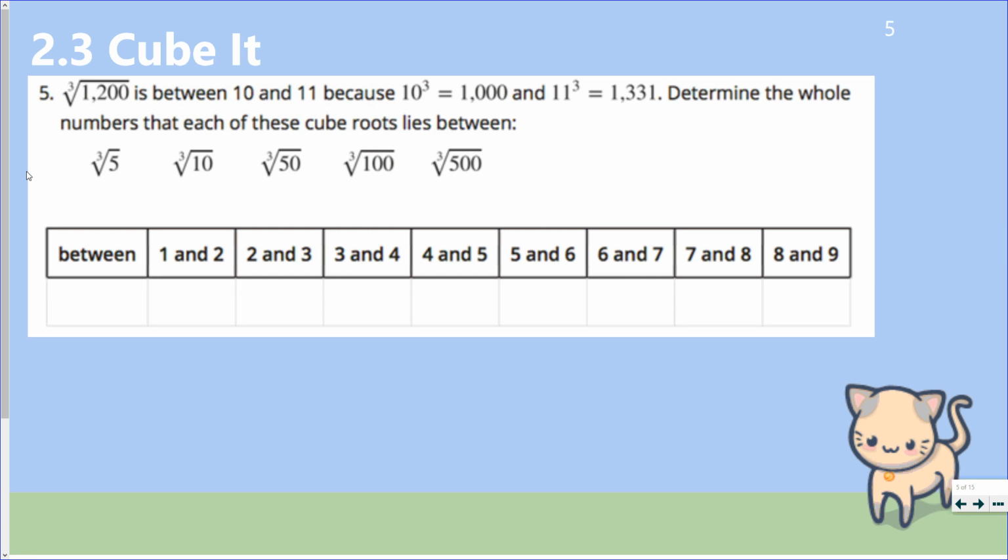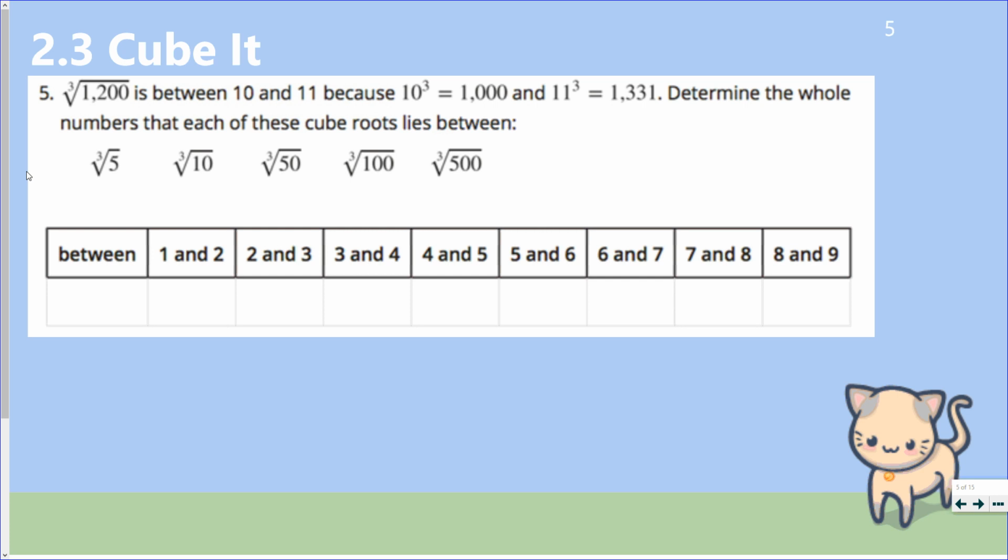Okay, now I don't expect you to know the cube roots of numbers, right? Even I don't know what the cube root of 85 is, but I can estimate it based on where it is in relation to integers. For example, the cube root of 1200 is between 10 and 11 because 10 to the third is 1000 and 11 to the third is 1331.